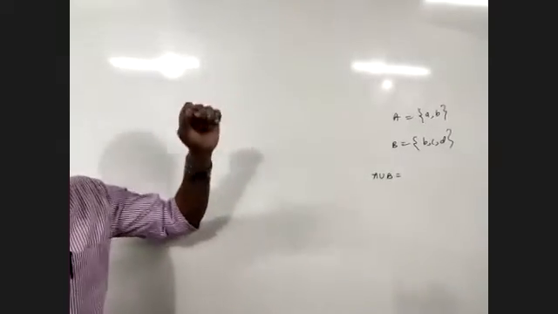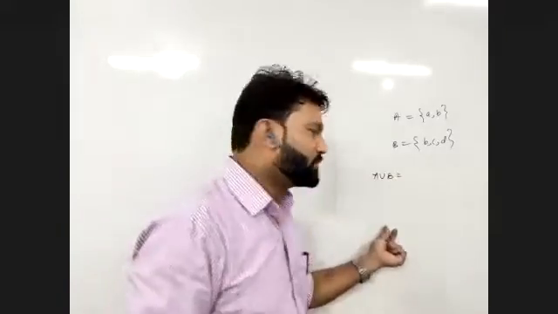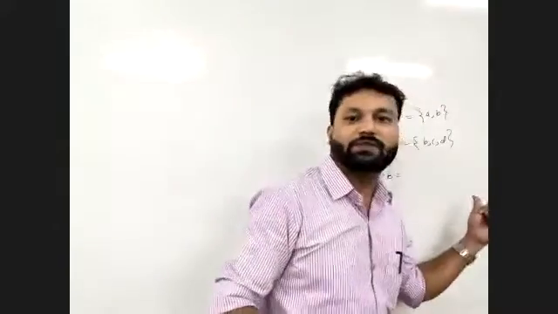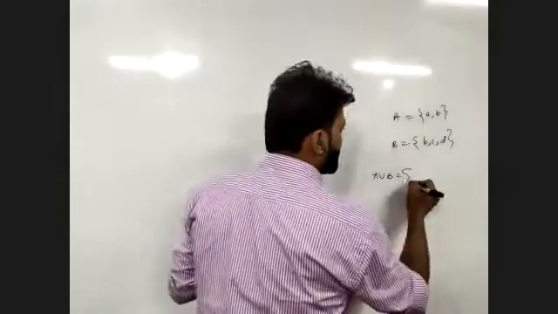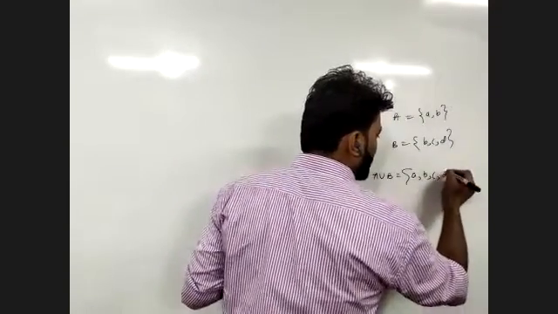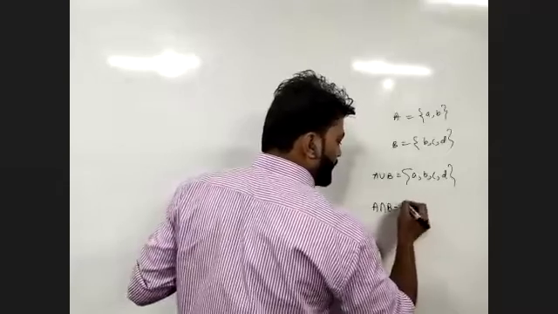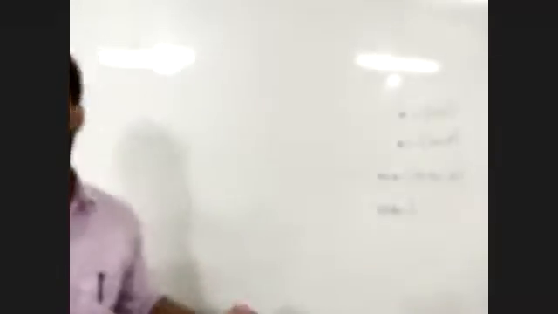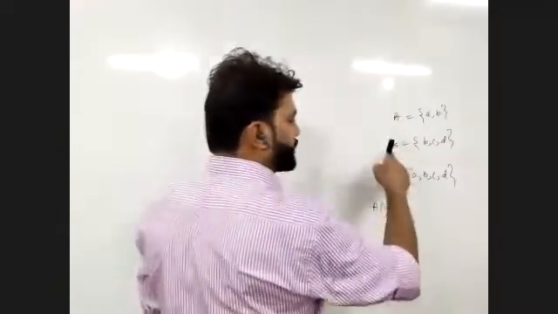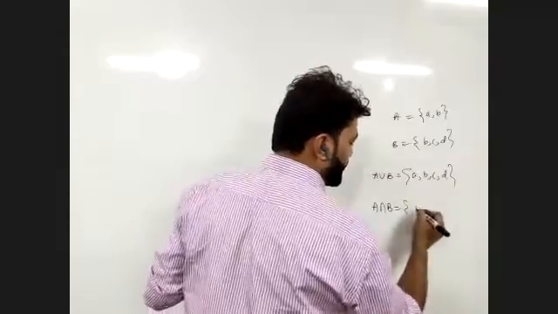So A union B: when we have to do the union of two sets, we just have to combine the elements of the two sets. So A union B is simply A, B, C, and D. If you have to find out A intersection B, intersection means common. So whatever the element is common in the two. So common element is B.